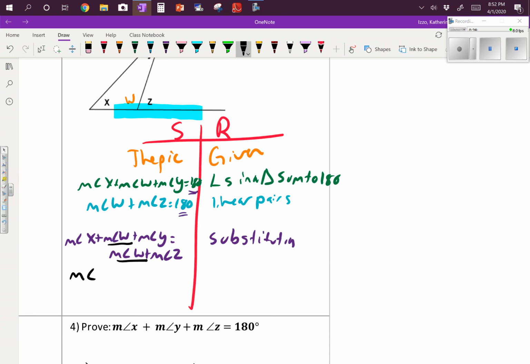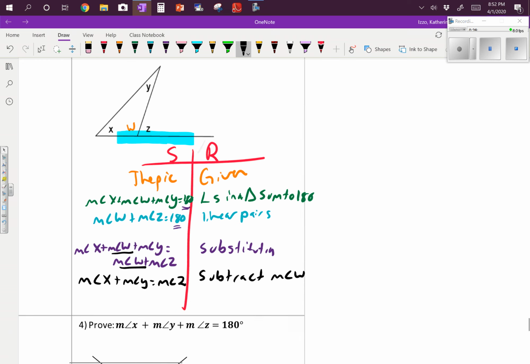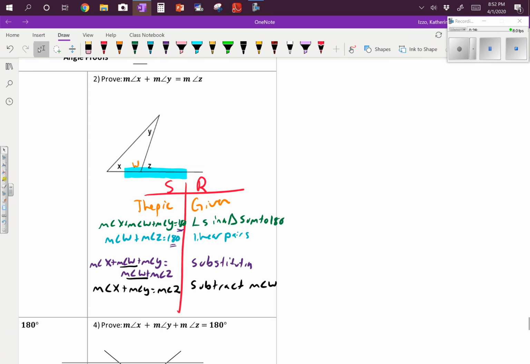If we subtract that, that means measure angle X plus measure angle Y equals measure angle Z. All I'm doing is subtracting that measure angle W, so the measure angle W disappears from both sides. And hey, that's what I wanted to prove. Measure angle X plus measure angle Y equals measure angle Z. We're done.